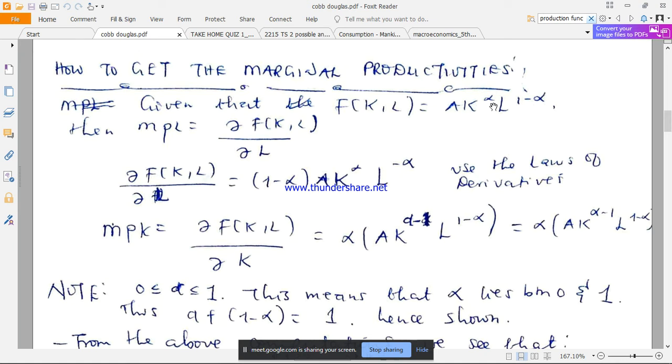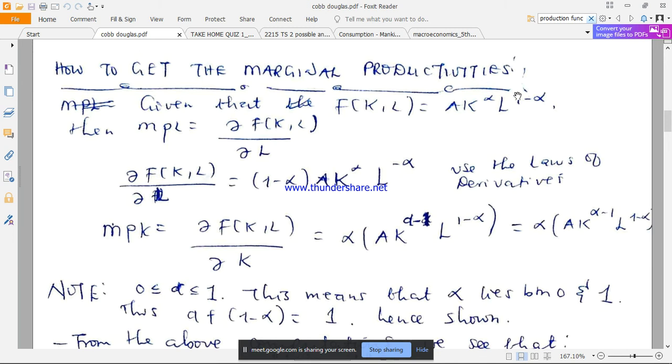If you get something less than 1, you have diminishing returns to scale. If you get something greater than 1, you have increasing returns to scale. So that's the shortest method that you can use to prove, but I am not encouraging anyone to use that one because it's useless, because even a grade 1 can do that.